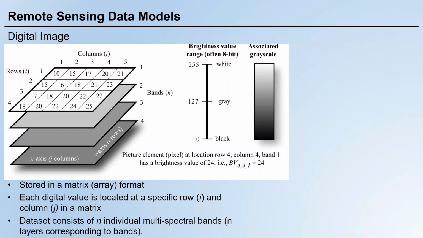Each point has a pair of coordinates to address its position by row and column. And for each point, there is a specific value. So a digital image is stored in a matrix or array format. For a specific row and column, we have a specific pixel with a specific DN value. Each digital value is located at a specific row and column in this matrix.